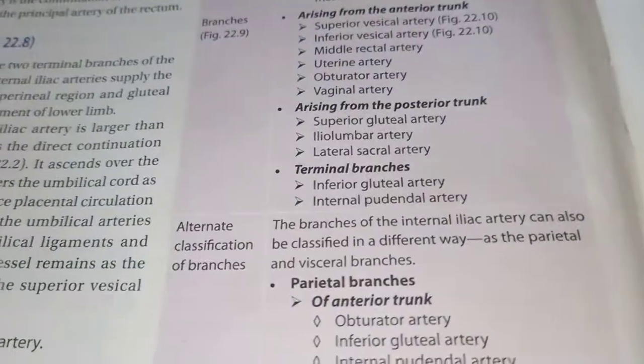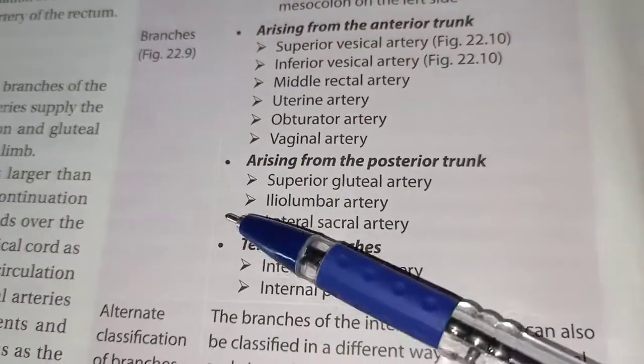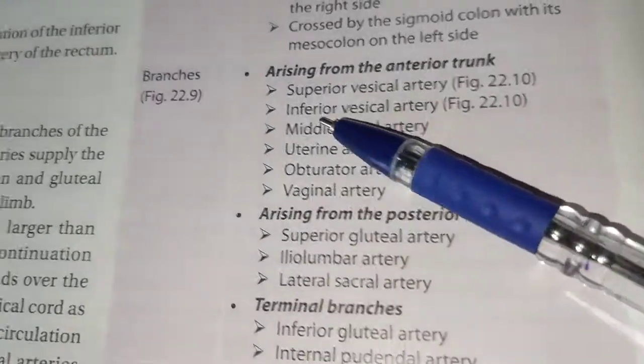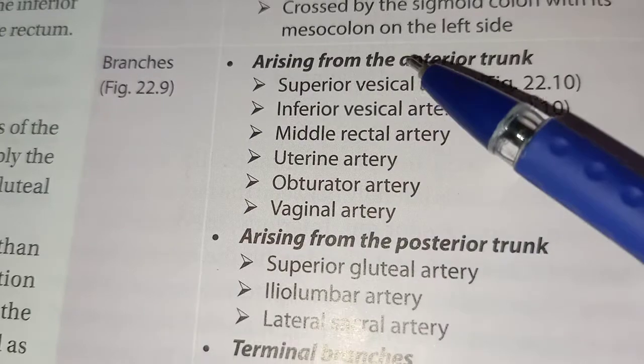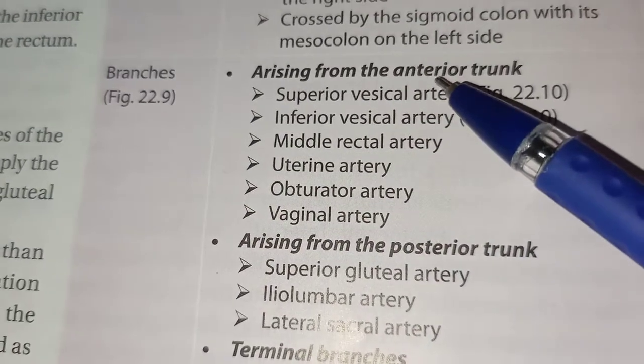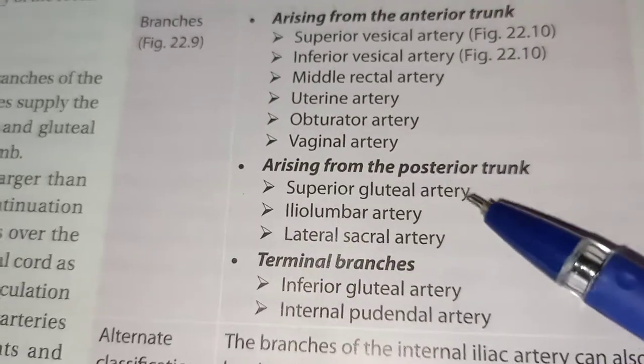Now we'll go to the branches of the internal iliac. What are the branches? Which I have already talked about, but I'll just read out right now. You know, internal iliac is divided in obturator canal as anterior trunk and posterior trunk.